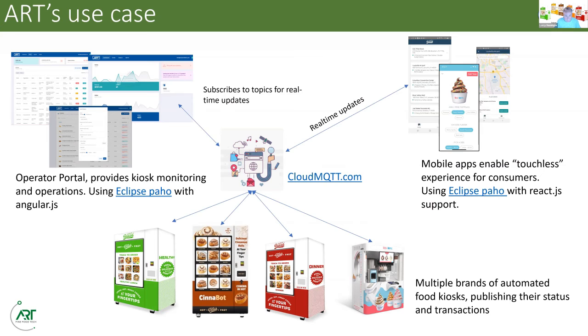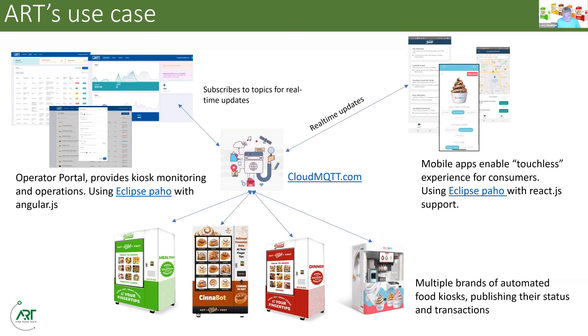In this case, we're showing our frozen dessert kiosk. That's a frozen yogurt that you're seeing in that cup. So we're able to very quickly establish an indirect communication to that particular kiosk and complete a consumer transaction based on that data.